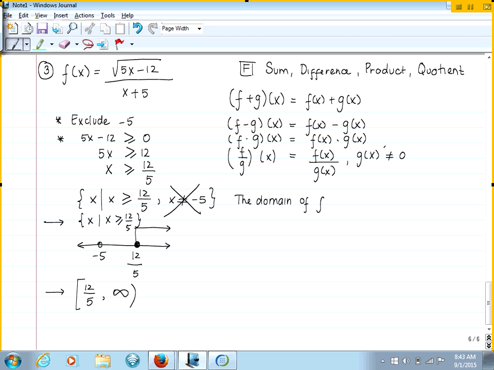The domain of f plus g, f minus g, f times g is, I'm going to write this, the domain of f intersection the domain of g. So the intersection of the domain of f and g.